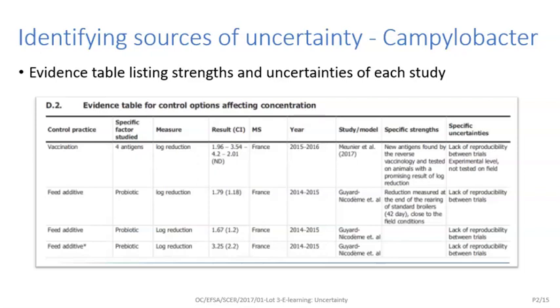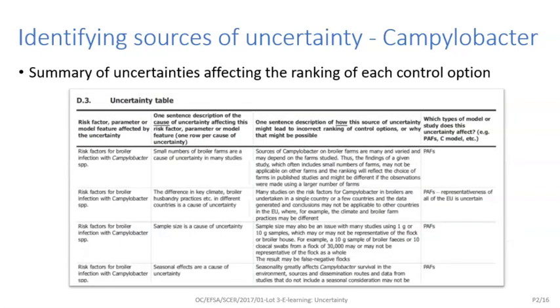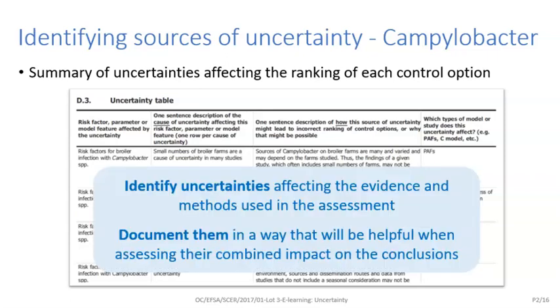It contains two tables listing strengths and uncertainties affecting studies used in the assessment, and another table summarising how different types of uncertainty affect the ranking of control options. In summary, the key messages are: identify uncertainties affecting the evidence and methods used in the assessment, and document them in a way that will be helpful when assessing their combined impact on the conclusions.